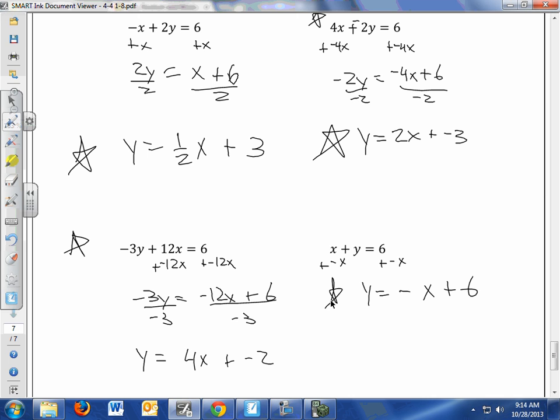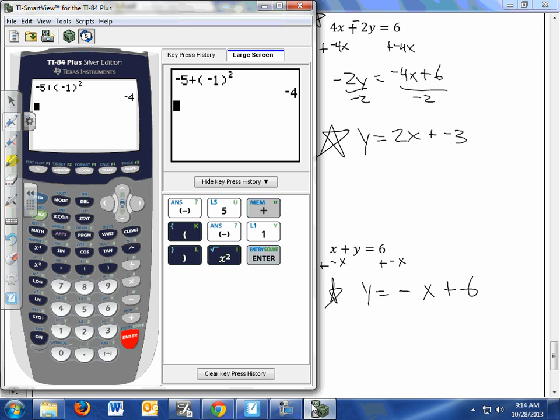Probably wondering, why are we doing this, Mr. Messner? I can still just find points by plugging in random x's and finding the y's. Well, there's a big reason why. This is your calculator. This is called a graphing calculator. You guys ever hear this being called a graphing calculator?